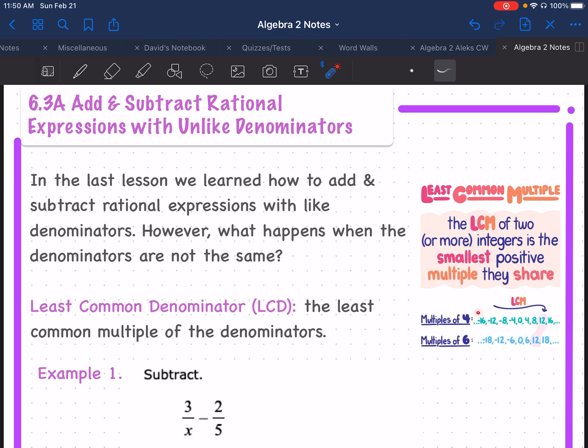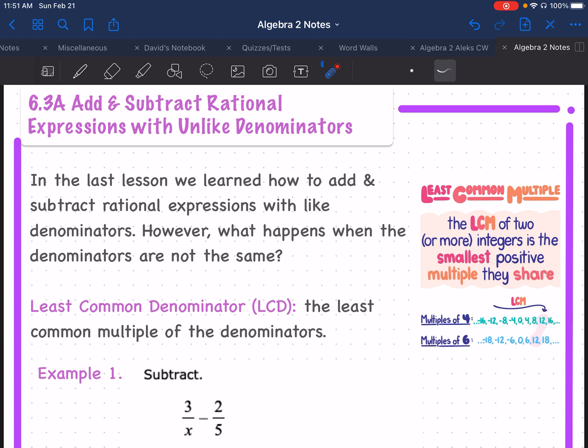Notice it's continuing in both directions. The reason they're showing you the negative is because sometimes, if both numbers are negative, you need to look for the negative least common multiple. And then we have the multiples of 6. And we can see right here that their least common one is 12.